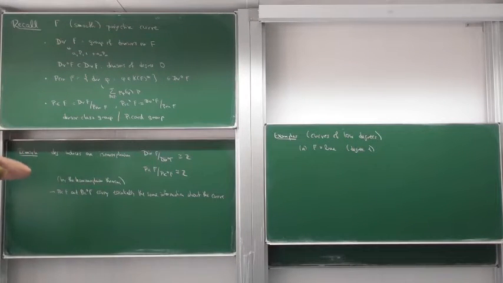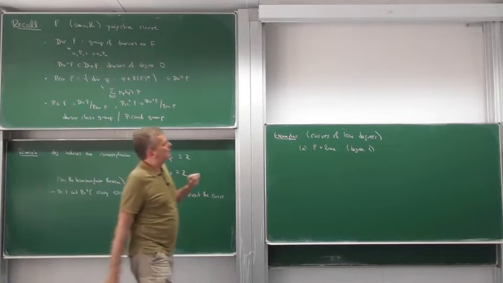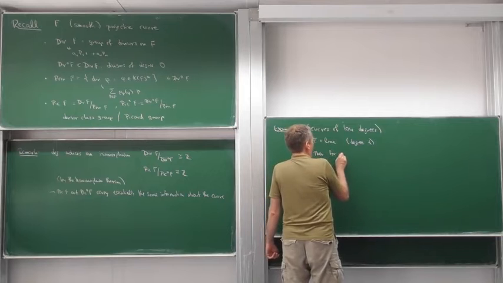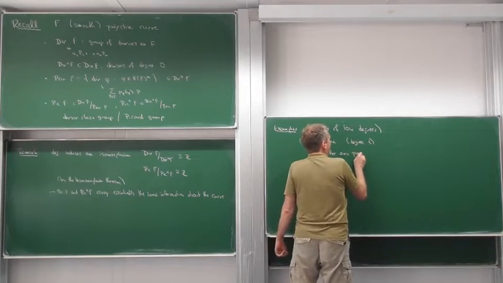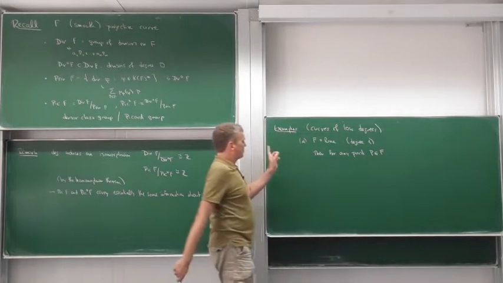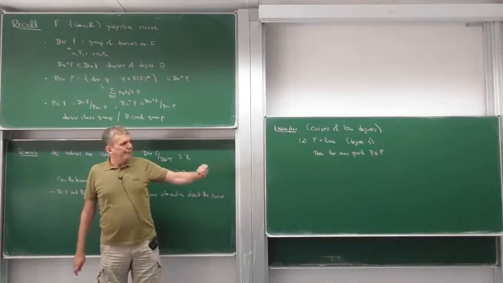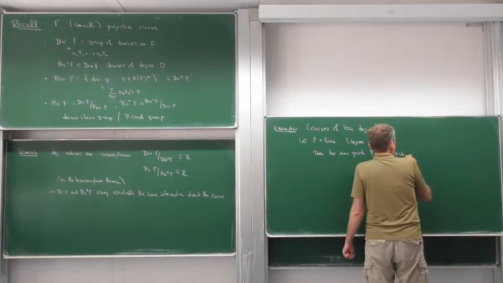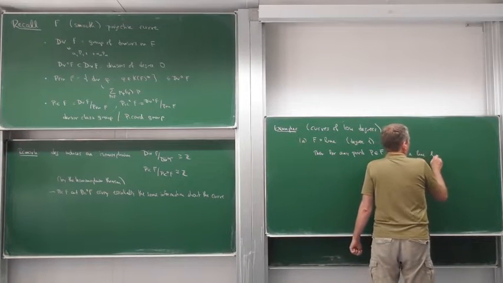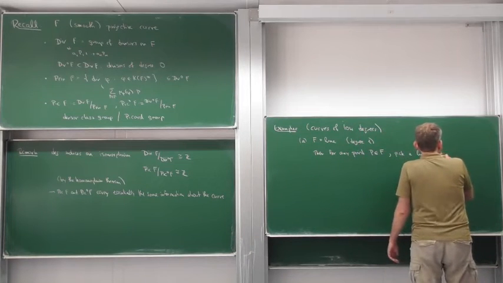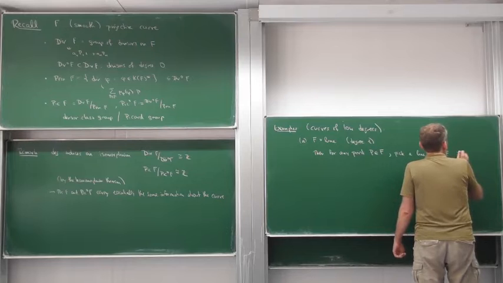And the reason for that is quite simple. So if we have any point P on F, there's obviously a line through that point that is not F. We just pick any. Let me call this L_P, so a line through P, not equal to F.